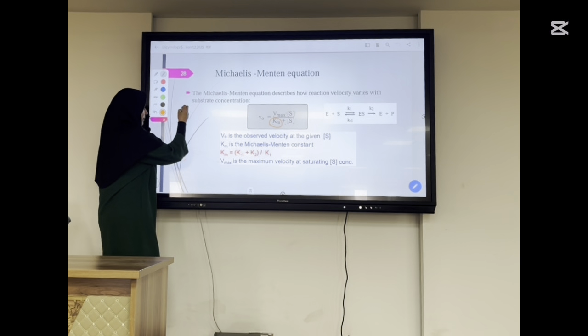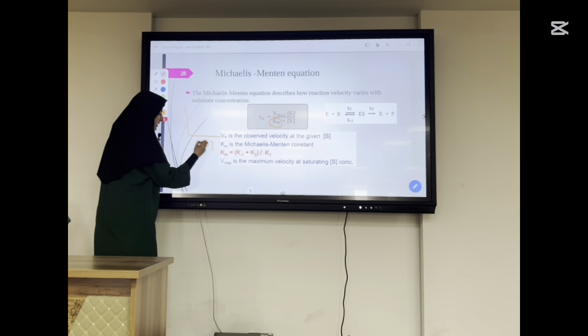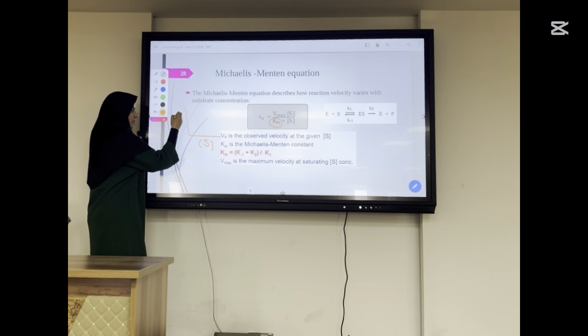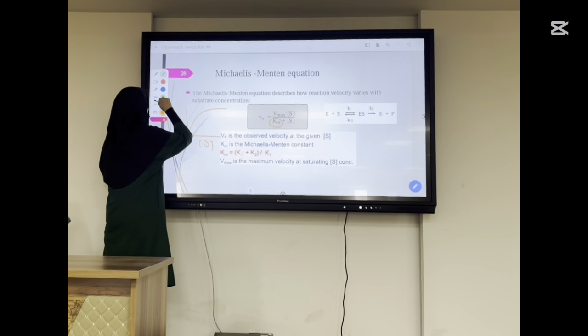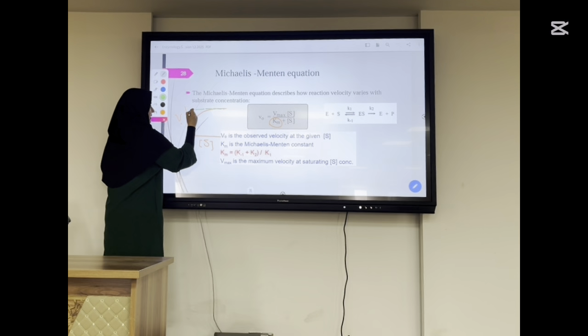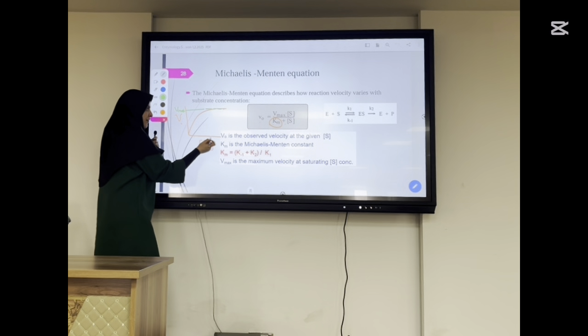Vmax, do you remember? This is a saturation curve. Whenever we reach the maximum velocity, it is known as Vmax. You are familiar with this?